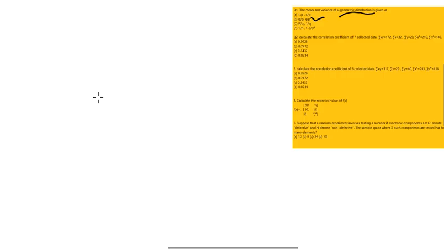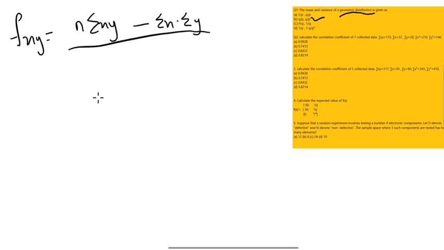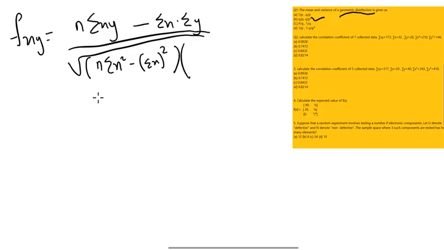So when you're looking for correlation coefficients, the formula is r of xy is equal to n summation xy minus summation x multiplied by summation y, all over the square root of, you open your brackets, you have n summation x squared minus summation x all squared, close your bracket, open another one, so you put your n, then you have summation y squared minus summation y all squared.